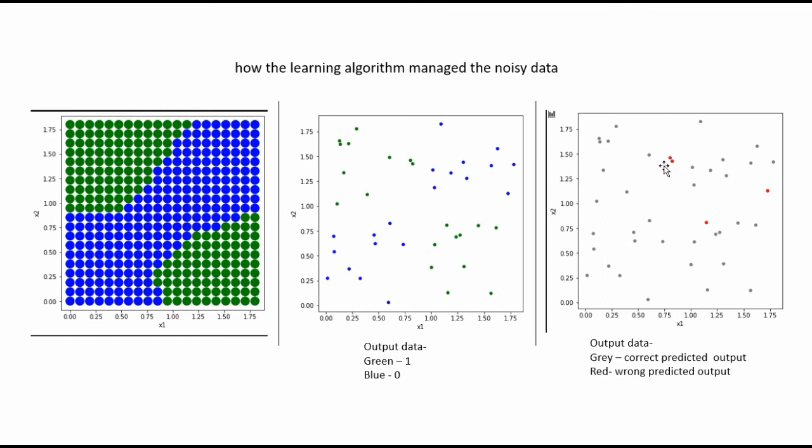The third plot demonstrates the output data with two colors, red and gray, where gray represents the correctly predicted output, while red represents the wrongly predicted output.